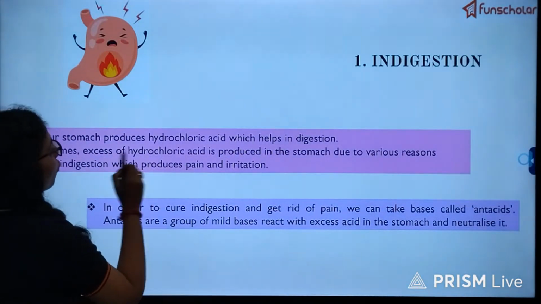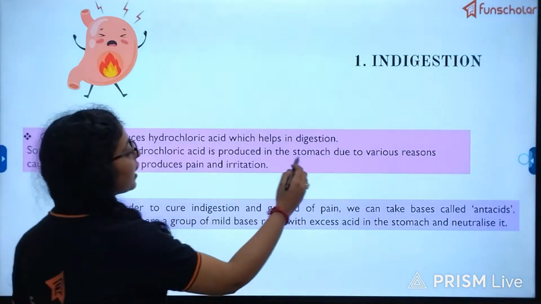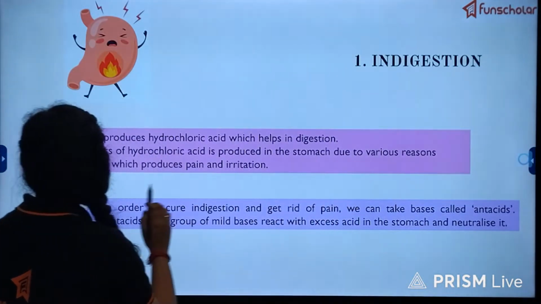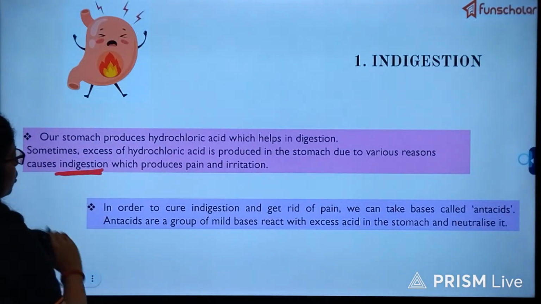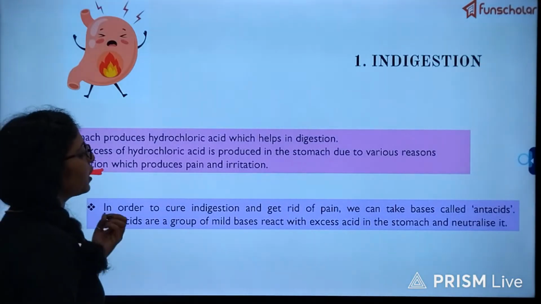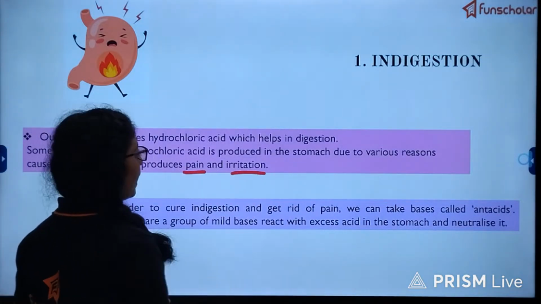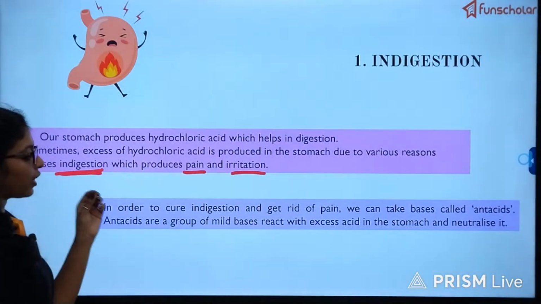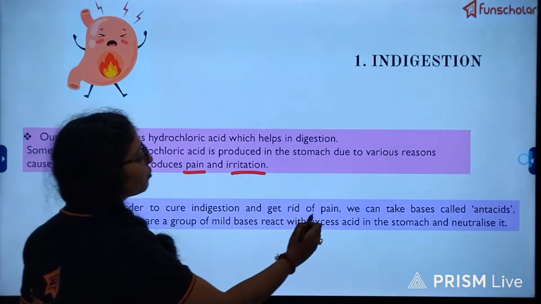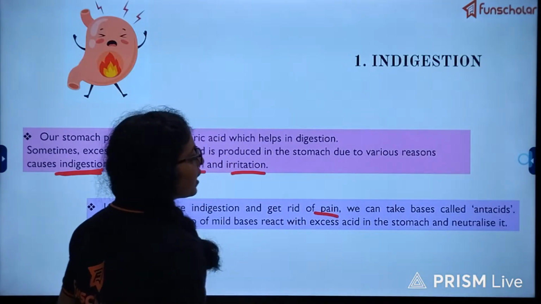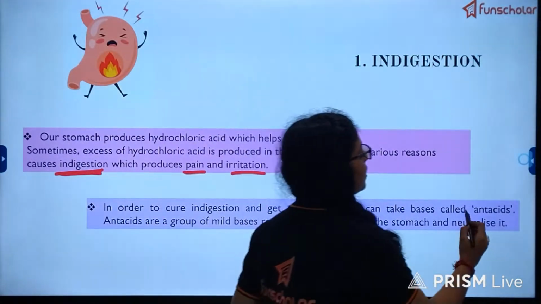Sometimes an excess of hydrochloric acid is produced in the stomach due to various reasons, which cause indigestion, producing extreme pain and irritation. In order to get relief from this indigestion and get rid of this pain, we take bases called antacids, right?